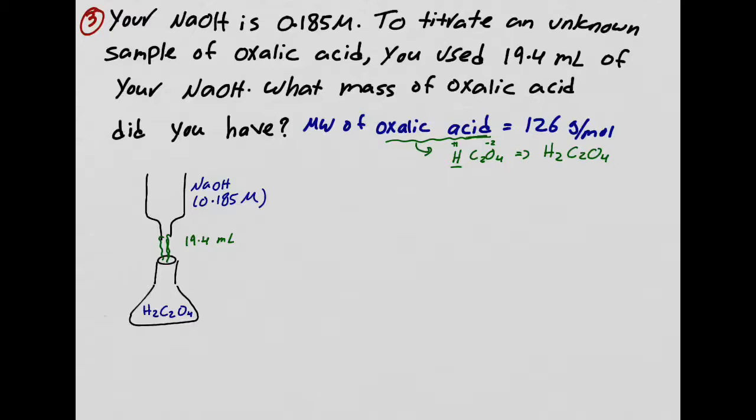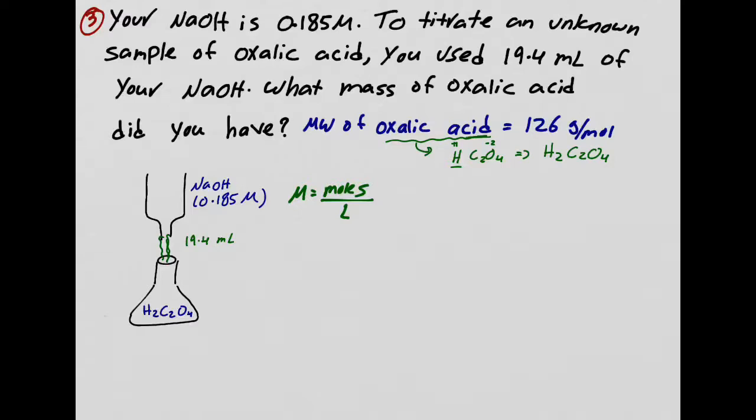Now remember, we talked about this before. You see molarity, write down the formula. Molarity is moles per liter. I want to find out how many moles of NaOH have been added before you reach the endpoint. I have the molarity and I have the volume, so I'm going to plug it in.